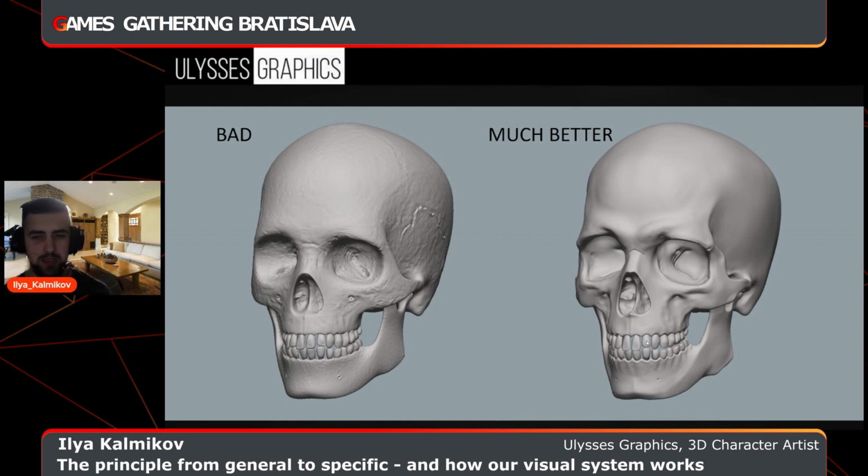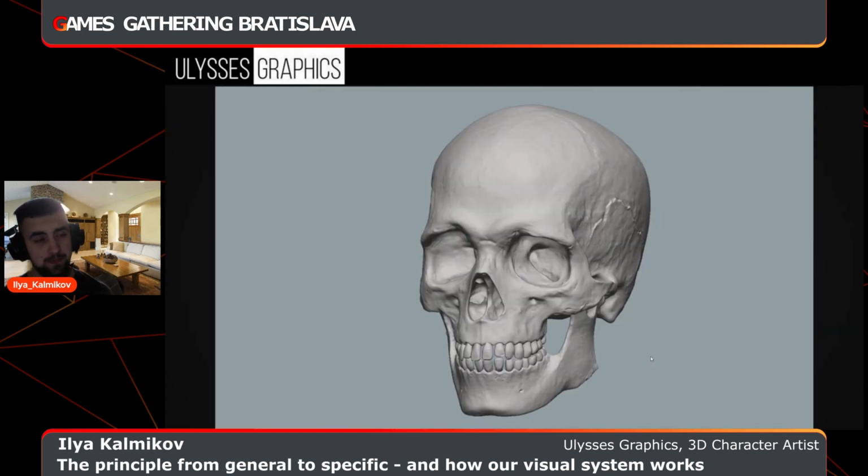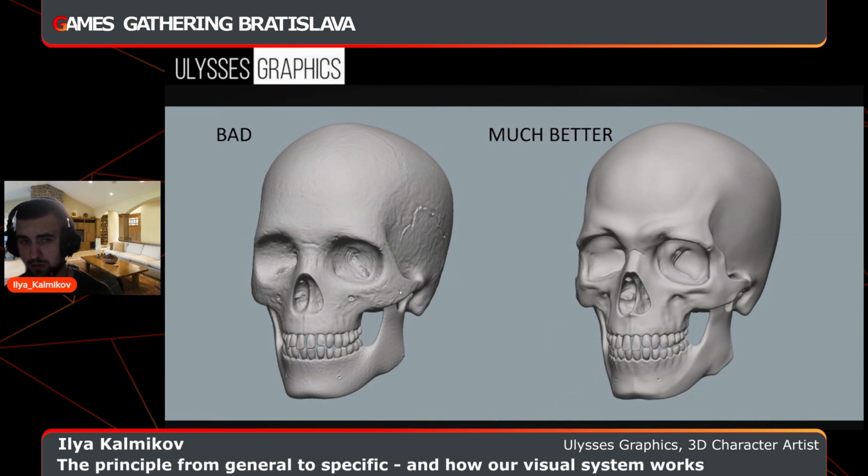A lot of details, no silhouette. Everyone does something like that. That's actually my first skull. The skull on the right is not ideal, but much more suitable for most games, and already on this form, we can add some detail and noises. It will look something like this, with the same details actually.